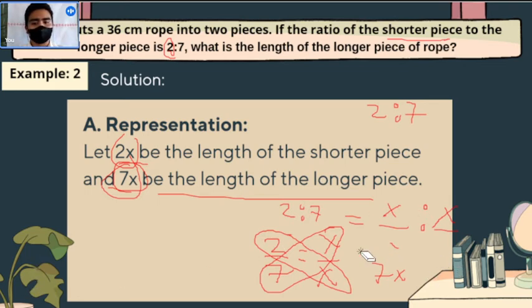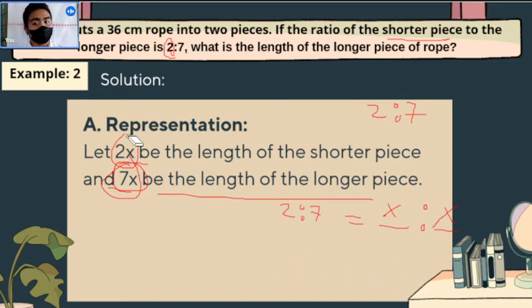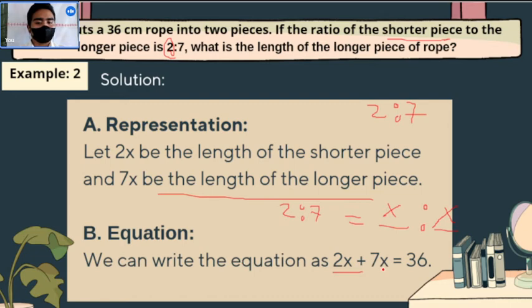So we are going to write the equation, which is 2x plus 7x, because we said that in totality the two values are 36 centimeters. With that, how are you going to know the value of x, because it is missing?